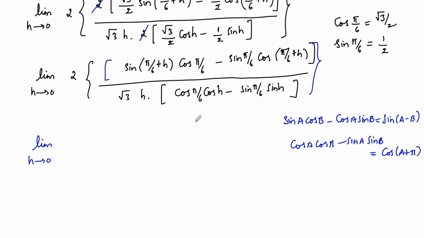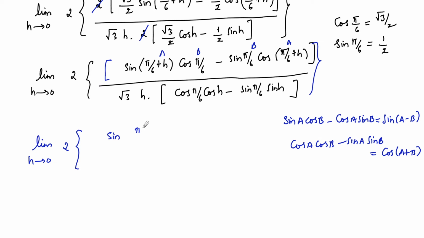Let us use these two formulas here. So 2 times the numerator, let us consider this is a and this is b, sin a cos b minus cos a sin b, so we can write sin of a minus b.